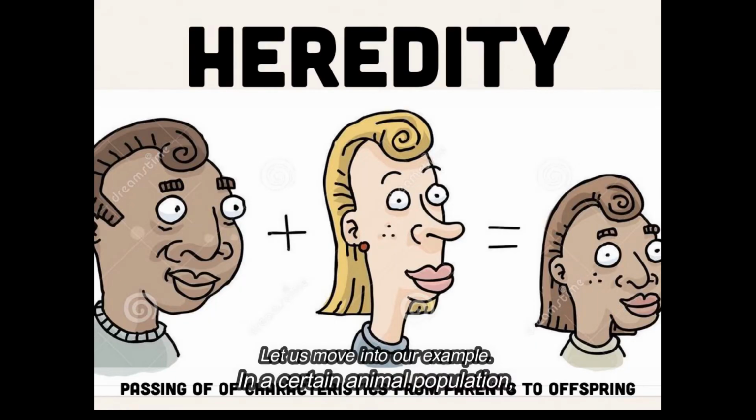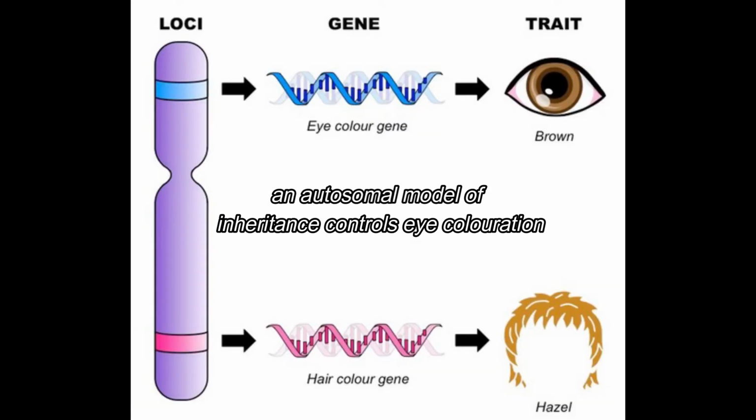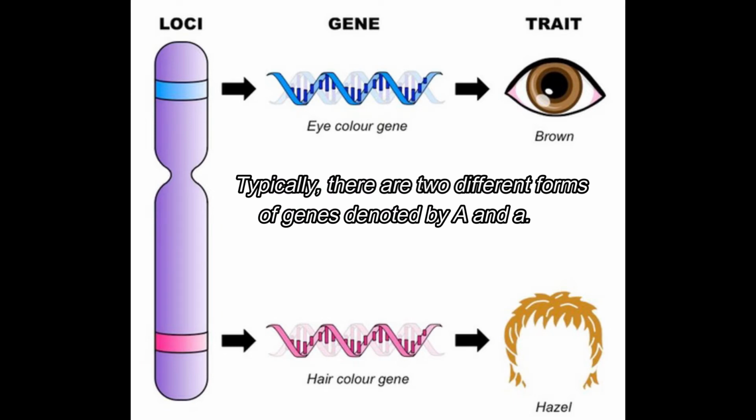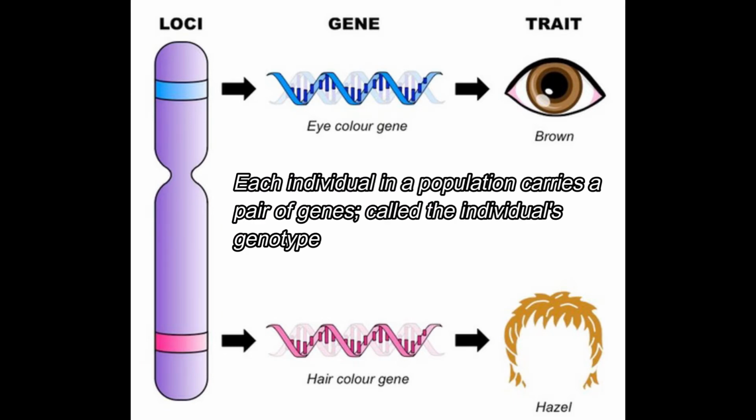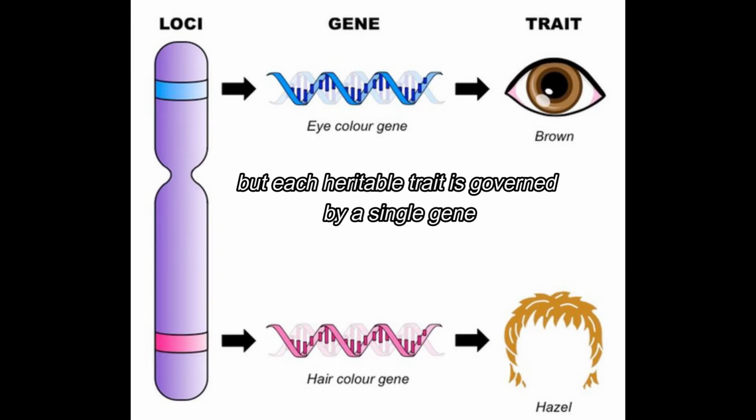In a certain animal population, an autosomal model of inheritance controls eye coloration. Typically, there are two different forms of genes denoted by A and a. Each individual in a population carries a pair of genes called the individual's genotype, but each heritable trait is governed by a single gene.